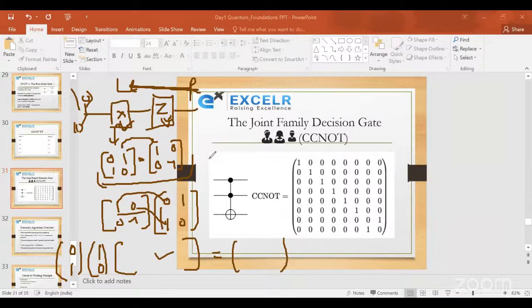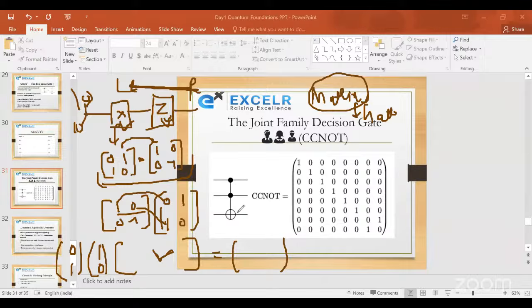Then we get a final matrix. And we know in quantum, this is a very important thing, whatever matrix we are getting works as a gate.